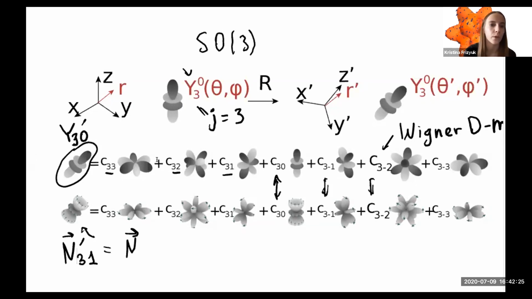Okay, they're all just similar. The point is that vector spherical harmonics behave the same way as scalar ones, and magnetic also.